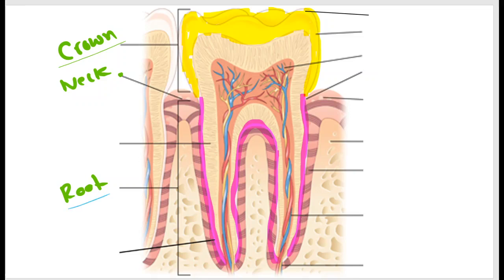So this is enamel, and enamel is the strongest layer of the tooth. It is the most outer layer. Again, it covers the crown. The enamel also has a translucent color in a way, so you can see the dentin that is underneath it.